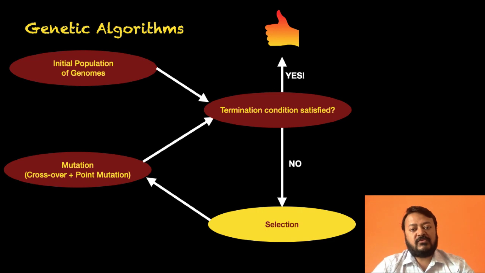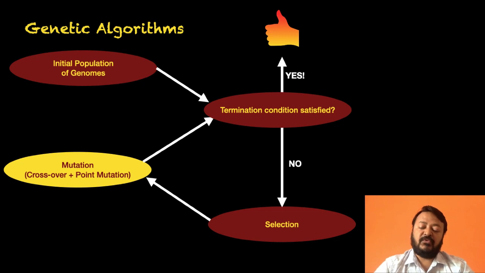So now you did selection of your genomes from your previous step, but as we know in evolution, mutations are also very, very important. So after selection, you do mutation, which essentially consists of two steps: crossover and point mutation.